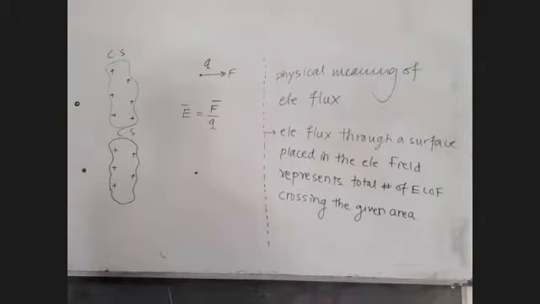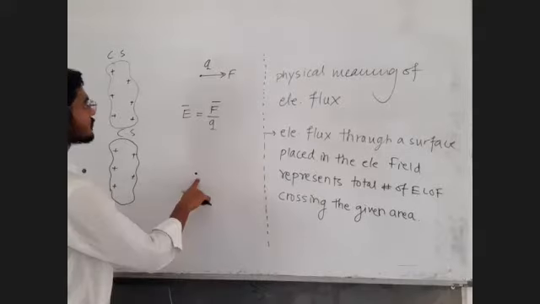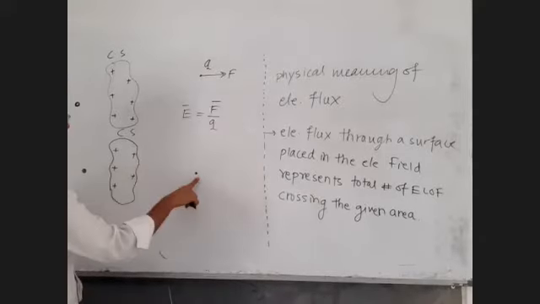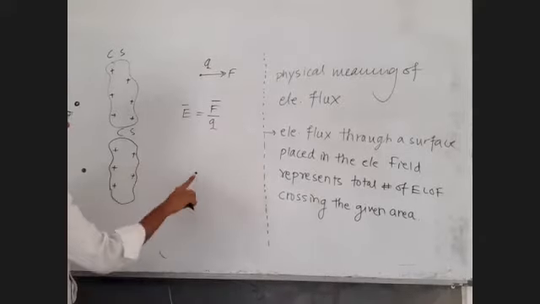Fine. All those things we already know. Let us discuss one more definition. At this point, I want to find the electric field. What shall I do? What can I do? This is a very small point.